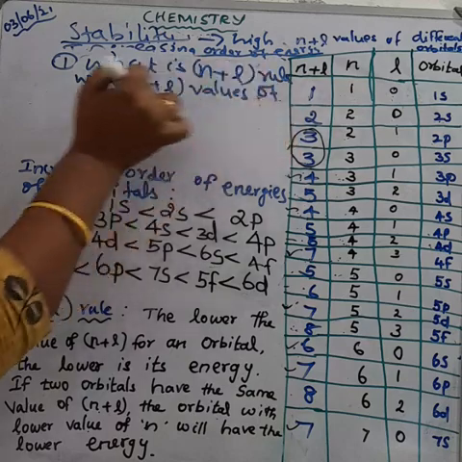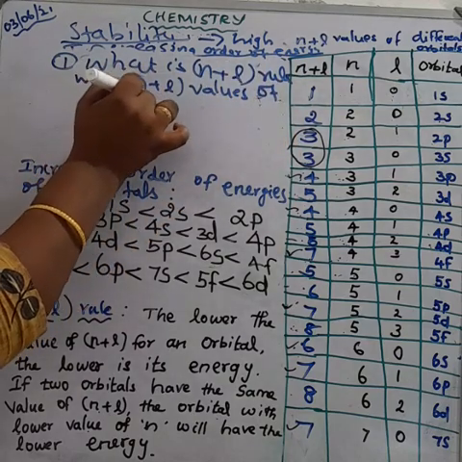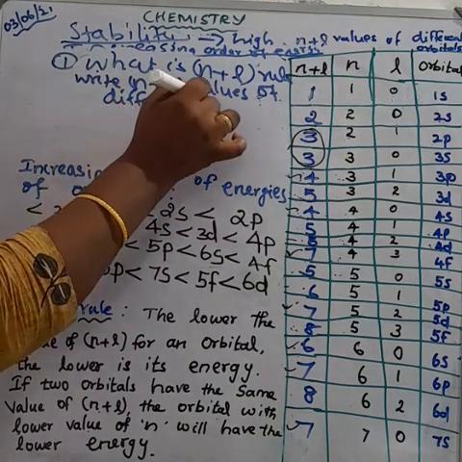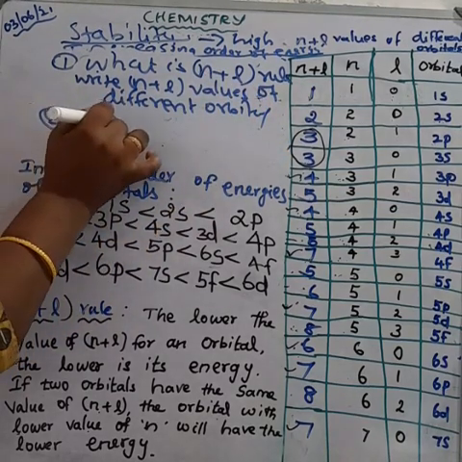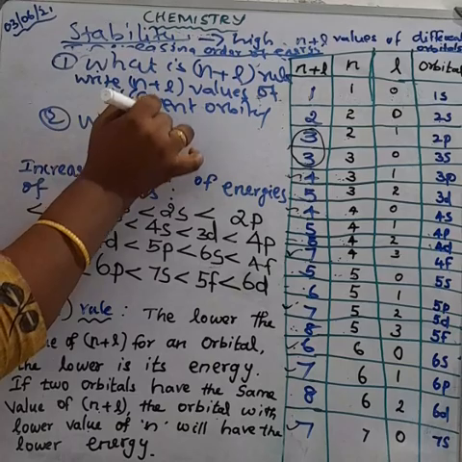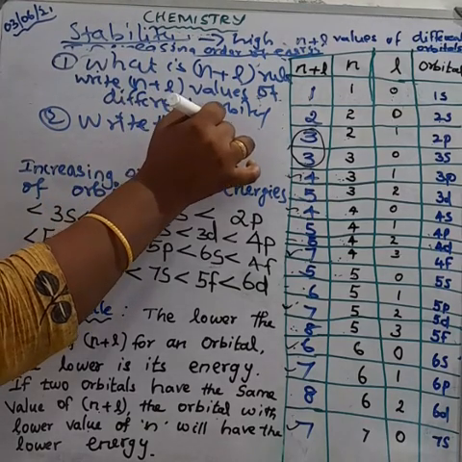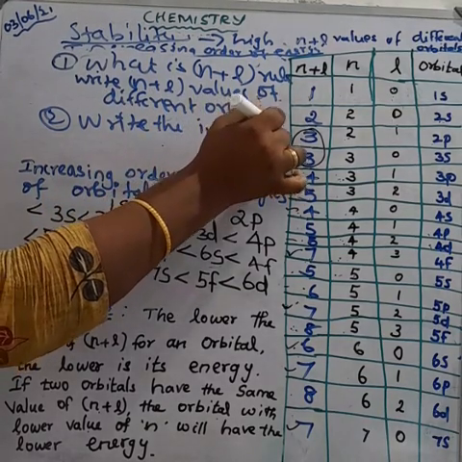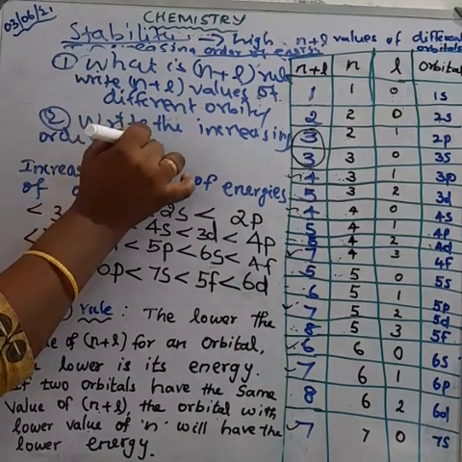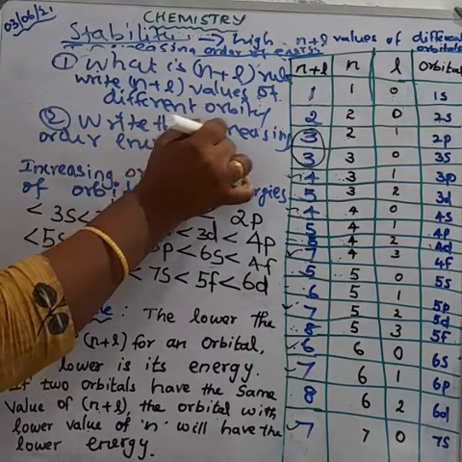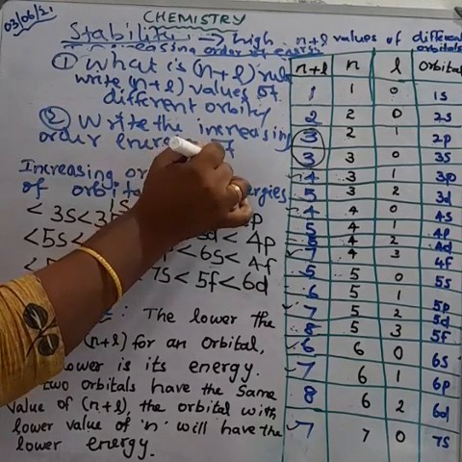Second, write the increasing order of energies of orbitals. Okay, you should study well. Very, very important.